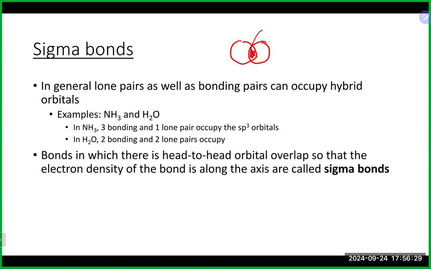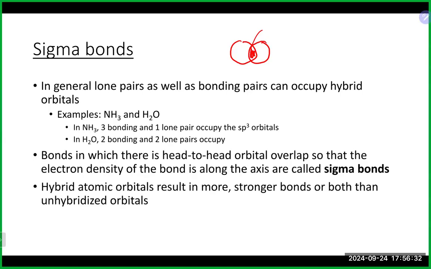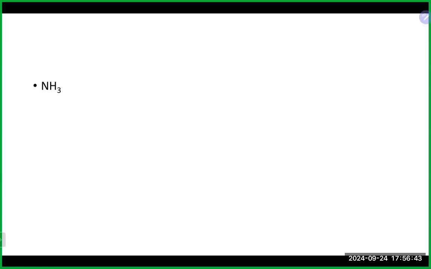So if we look at a couple of examples here, we do see that hybrid orbitals result in stronger bonds than unhybridized orbitals. We could also see, for example, if we look at NH3, and if we draw a Lewis structure for NH3, and we had to apply the hybridization that's going to occur with NH3, here is how you do it, super simple.